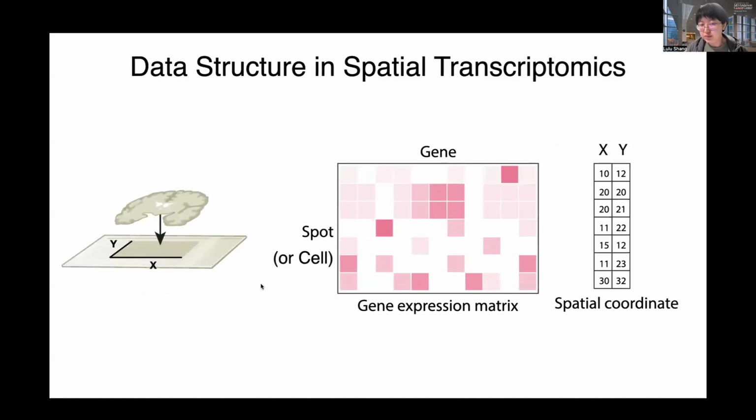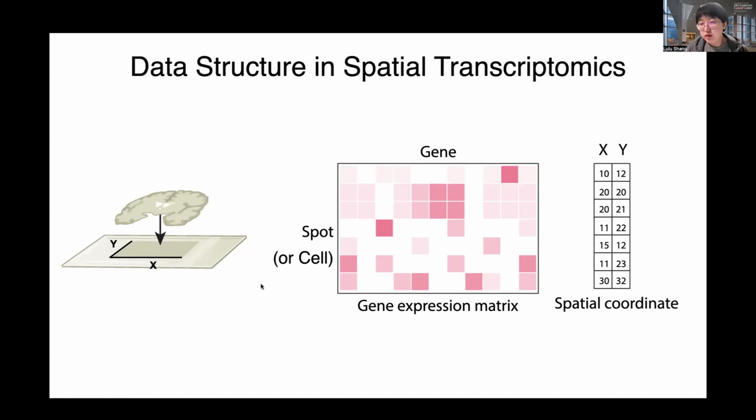So after all the experiments, you can measure the gene expression on the two-dimensional tissue section. And no matter whether you measure spot level or cell level data, you will end up with two data matrices as input for your downstream analysis. The first one is the gene expression matrix. Here I'm showing the diagram. You can see that the rows are the spots or the cells.